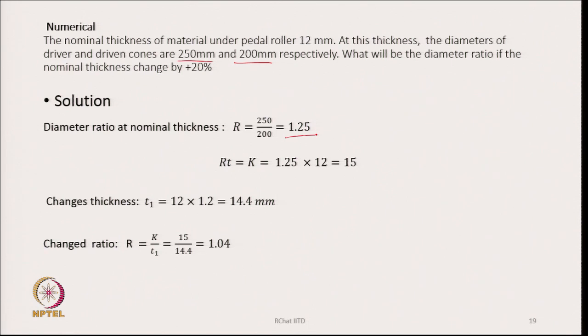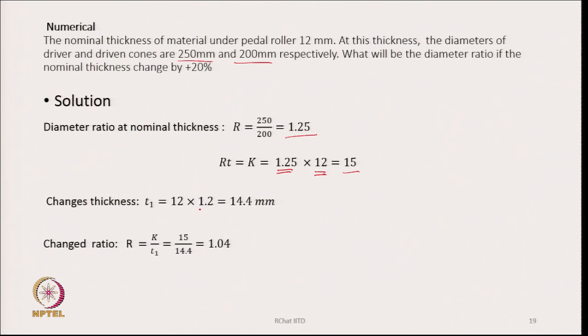What is the value of RT? RT will be constant. So, R is 1.25 and T is how much? T is 12 millimeter, we know. So, this is R, this is T, and hence RT, this constant K, is going to be 15. What is the change in the thickness now? The new thickness is 20% more.